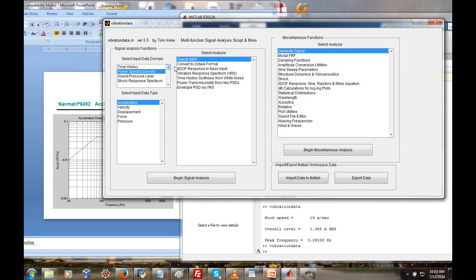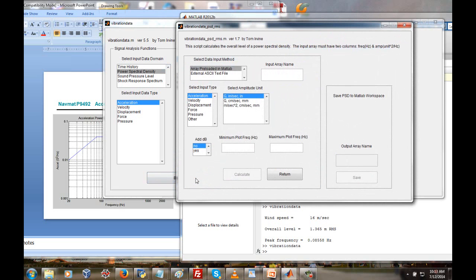So let's go to power spectral density, overall RMS, begin signal analysis. We've run this script before, but I've added some new features to it. This script calculates the overall level of a power spectral density. The input array must have 2 columns, frequency in hertz, and amplitude in units squared per hertz.